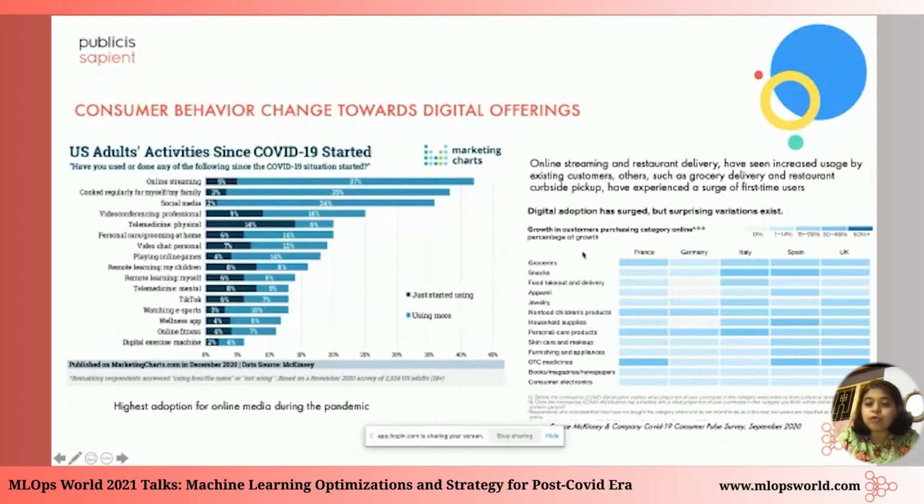Everywhere you see there's more digital adoption, more online streaming, and in restaurant delivery, there has been an upsurge in customer requests. So they get and they pick up through the curbside pickup, and even these customers are also sometimes the first-time customers who have never used digital mode of communication, be it grocery or be it in a retail shop, any kind of retail shop.